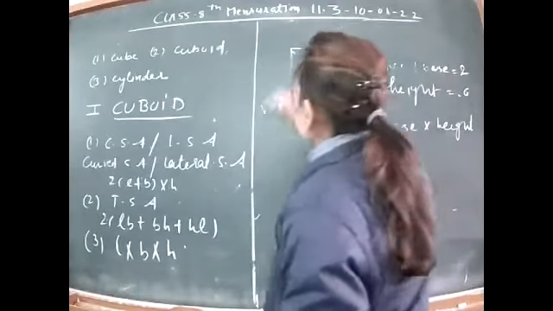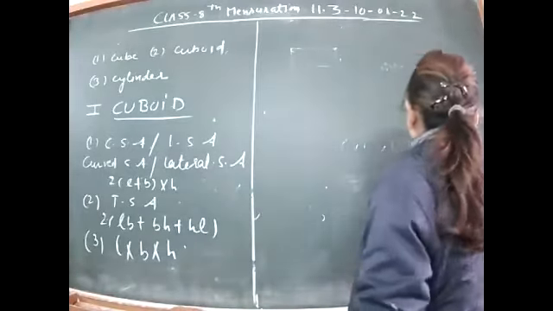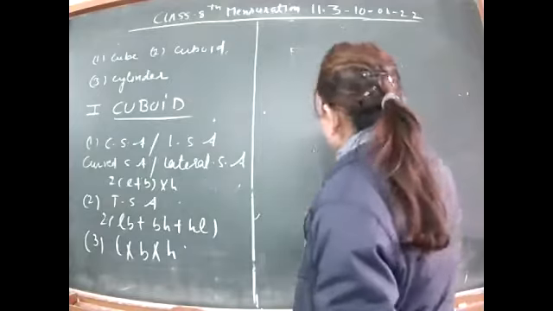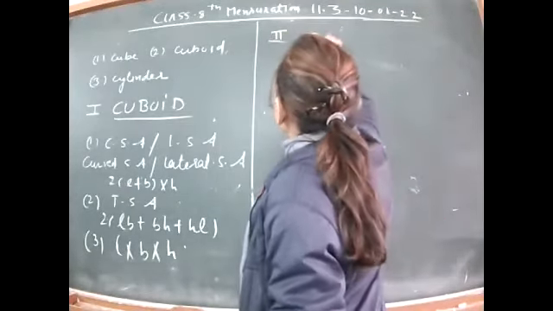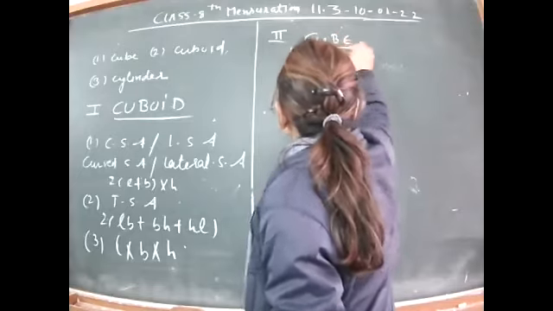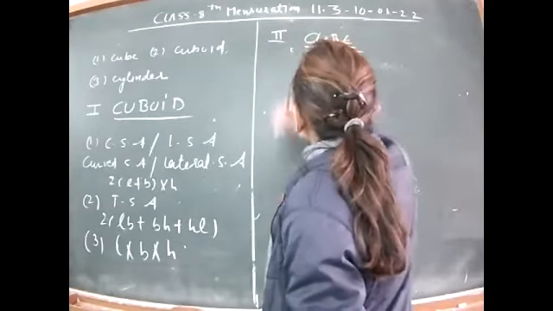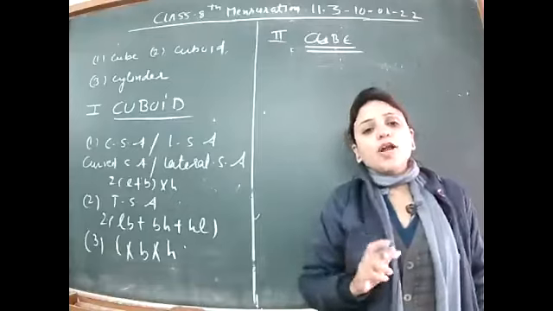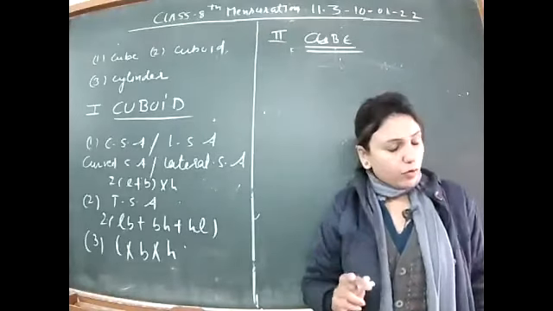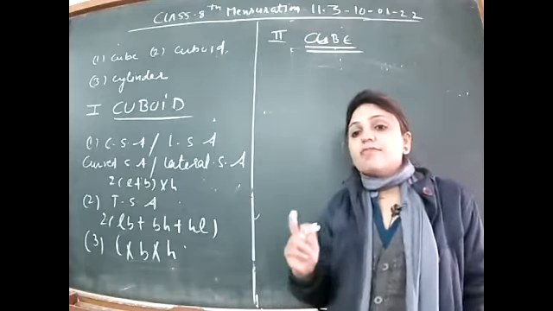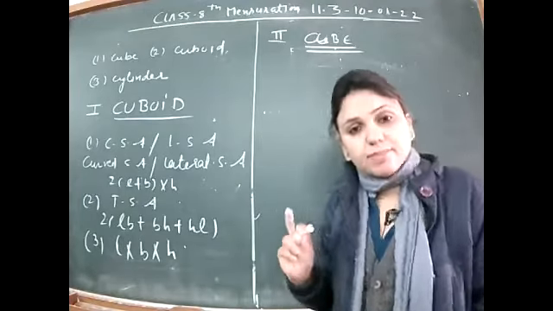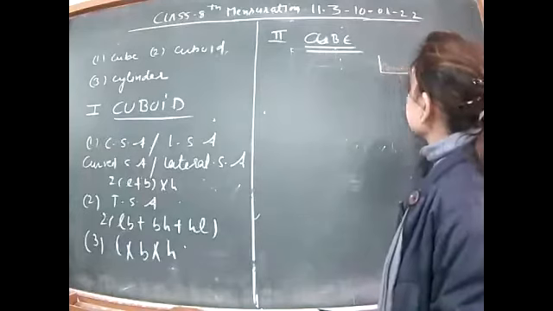Now come to the second figure, that is cube. The only difference between cuboid and cube is that in case of cuboid, every face is a rectangle, but in case of cube, every face is a square. This is the major difference. Rest are the same.